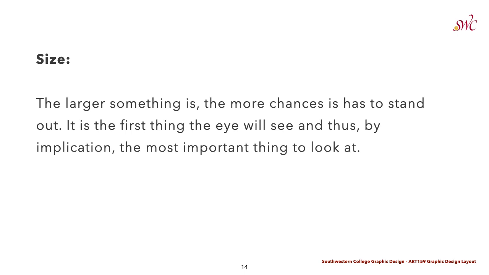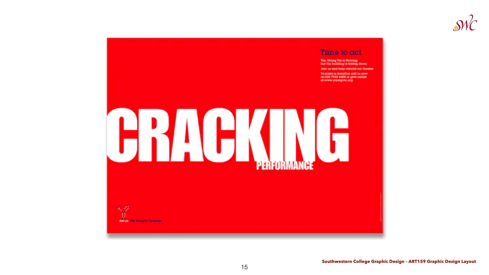One way we can do that is by size or the scale of elements. The larger something is, the more chances it has to stand out. Typically, it's going to be the first thing that the eye will see, and thus it's going to be one of the more important things within the layout as well. In this example here, we can see the large titling of crackling and then the sort of subheader of performance below that.